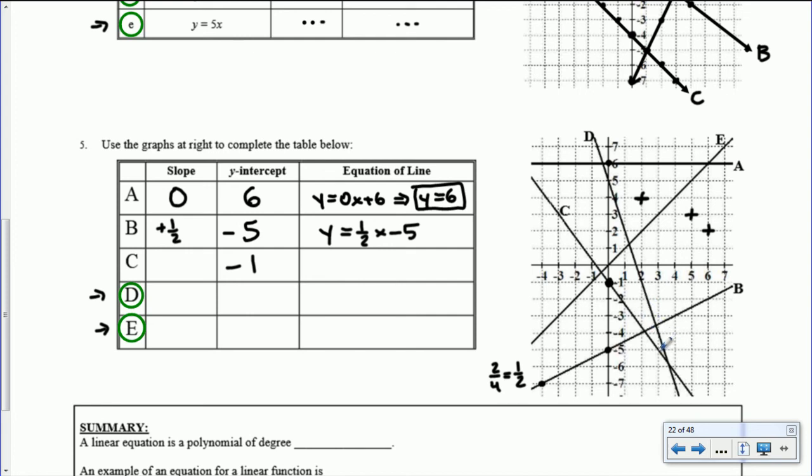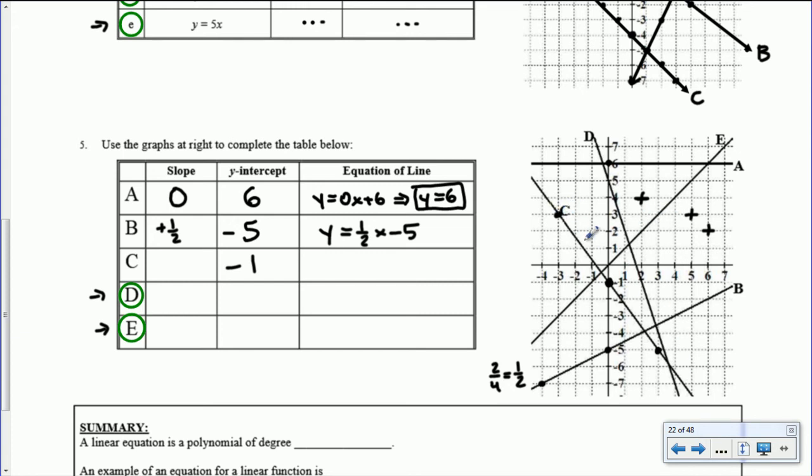It looks like probably there, and going along, it crosses through there as well.